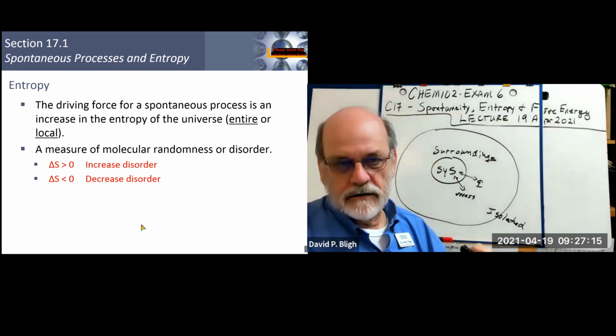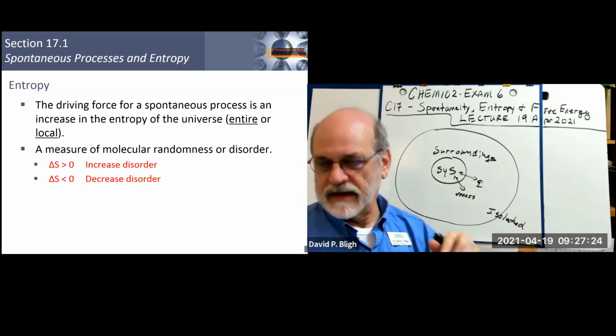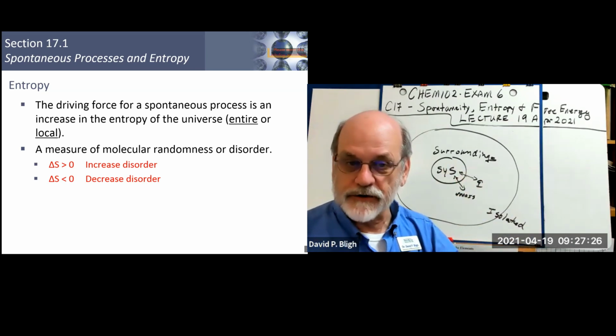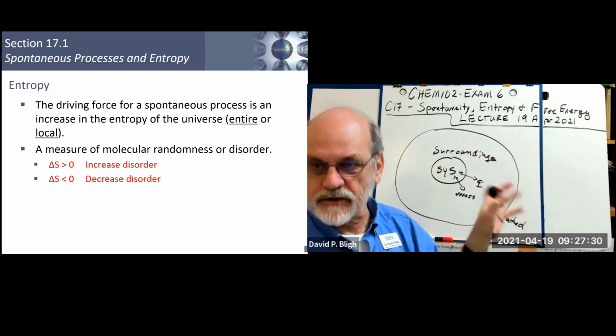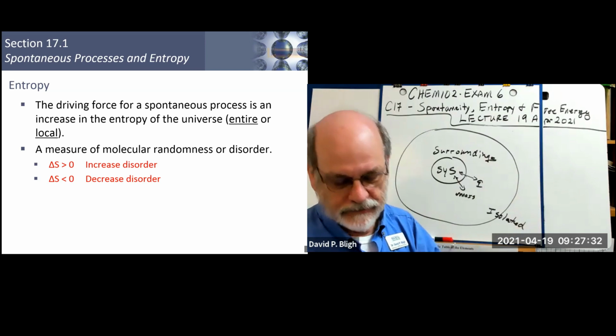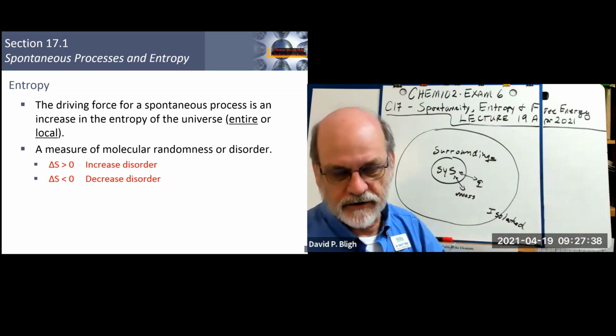Okay, so unless I explicitly say the entire universe, then I mean this. And I'll actually reference what's going on in terms of total rather than universe. So I'll say total. I'll avoid using universe unless I actually mean the universe.